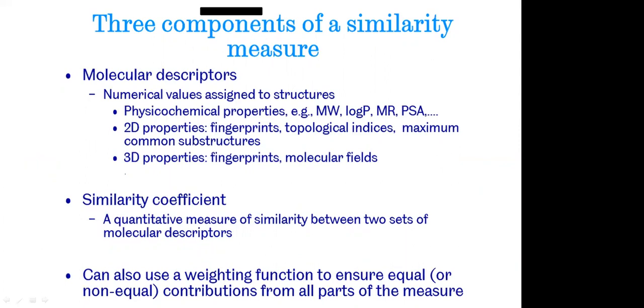So for measuring and defining the compounds, we have some descriptors. There are three components of a similarity search. One is physical properties. The second is 2D properties like fingerprints, indexes and common substructures. The third is 3D properties like 3D fingerprints and molecular fields. So based on physicochemical properties, we can search.